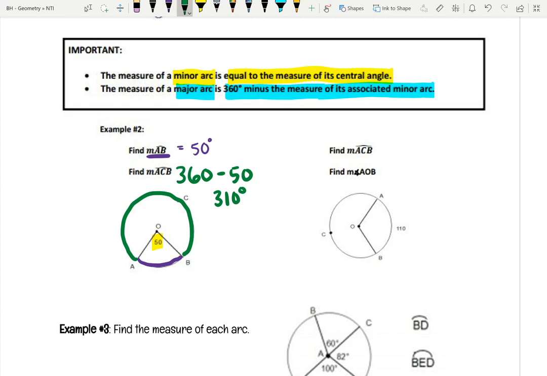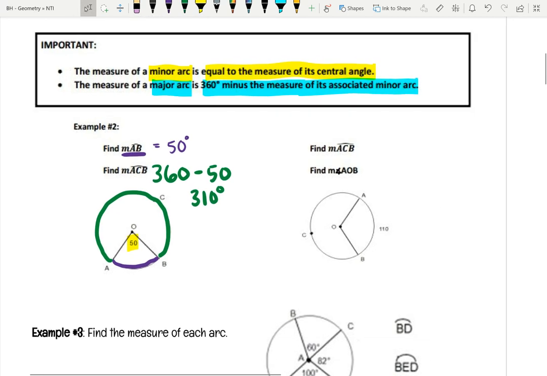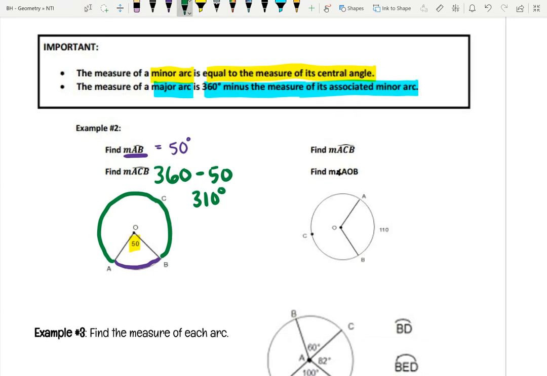Next example. It says find the measure of arc ACB. We're talking about a major arc here. So arc ACB starts at A, goes through C, and stops at B. That is going to be equal to 360 minus this portion here.